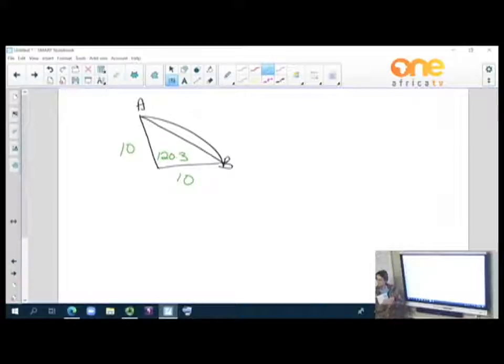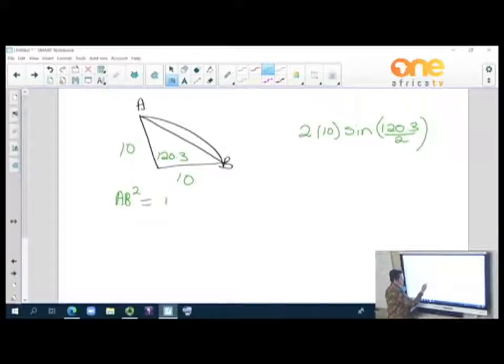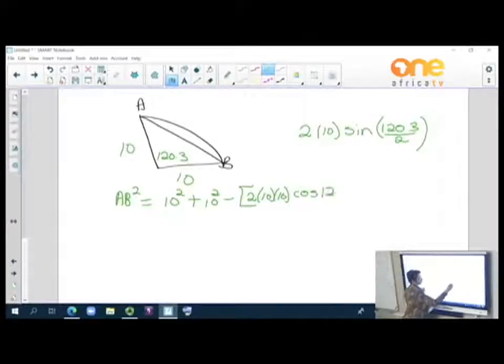Okay, I'm listening to yours. Tell me. Okay, so I use the cosine rule here. So I said AB squared, and this is what it is: trigonometry and geometry are often mixed. So it's then 10 squared plus 10 squared minus 2 times 10 times 10 times cosine 120.3 degrees.